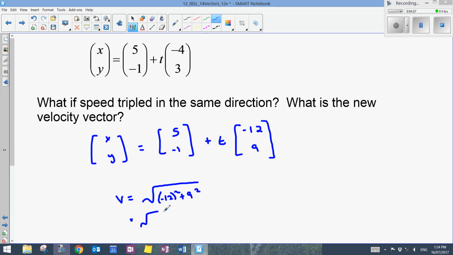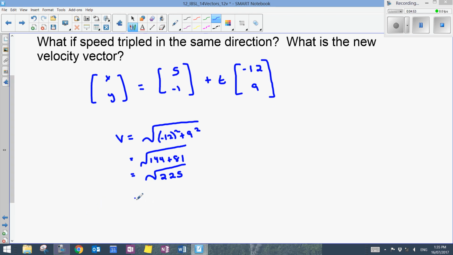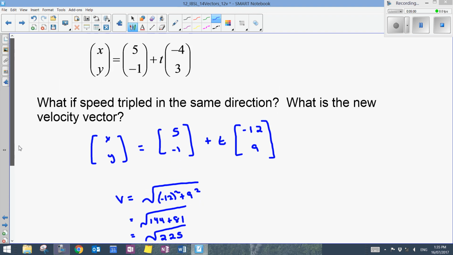So we wind up with the square root of 144 plus 81, which is 225, which winds up being 15. And that is 3 times our initial speed of 5 meters per second. So just looking at how this translates for some of the problems that will be coming up later in the chapter.